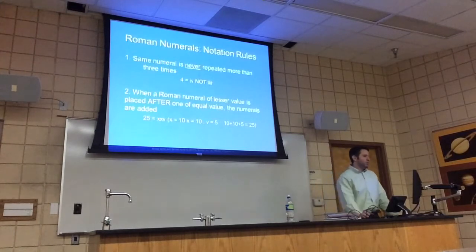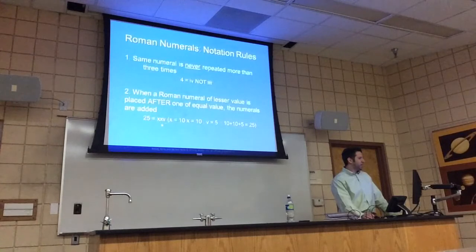So, more complicated here, the example, we have XXV, okay? So this is equal to this one, and then this one is less than this one. So they can all be added, right? So X plus X plus V, 10 plus 10 plus 5 is 25. Basic Roman numeral rules.